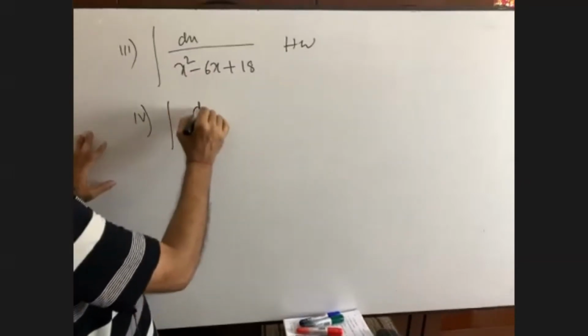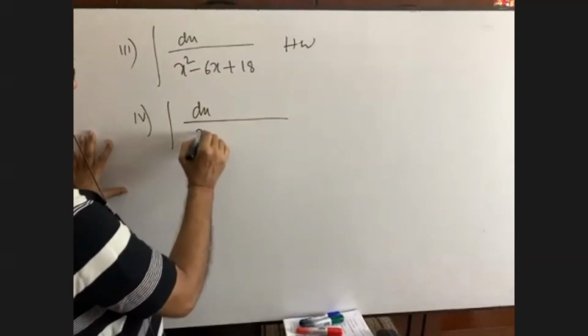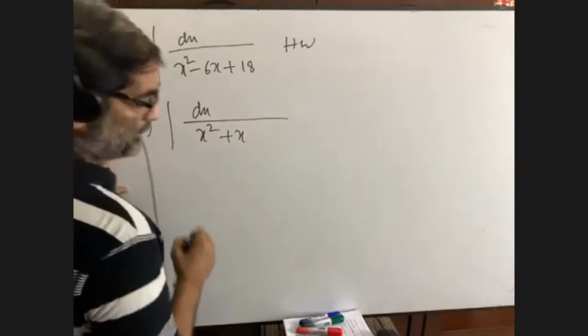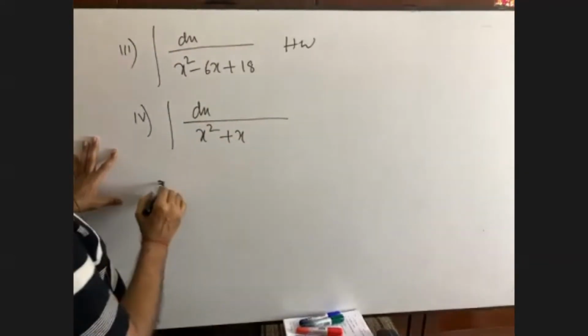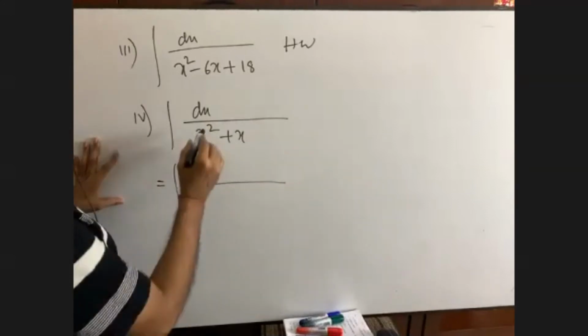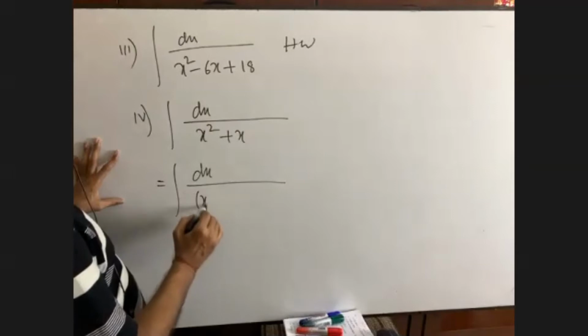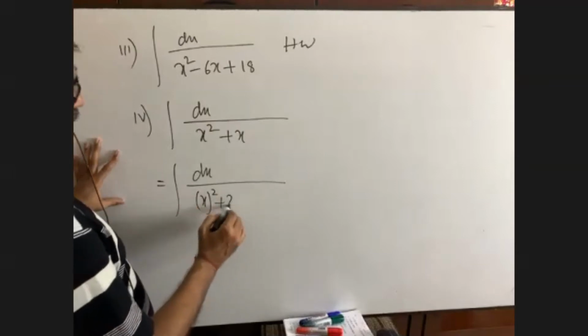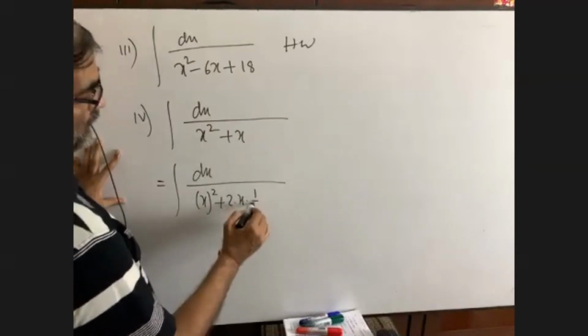We see it is dx by x square plus x, right? Okay, not a matter. You can do it in this way, dx by, this is x square, so a square plus 2ab.